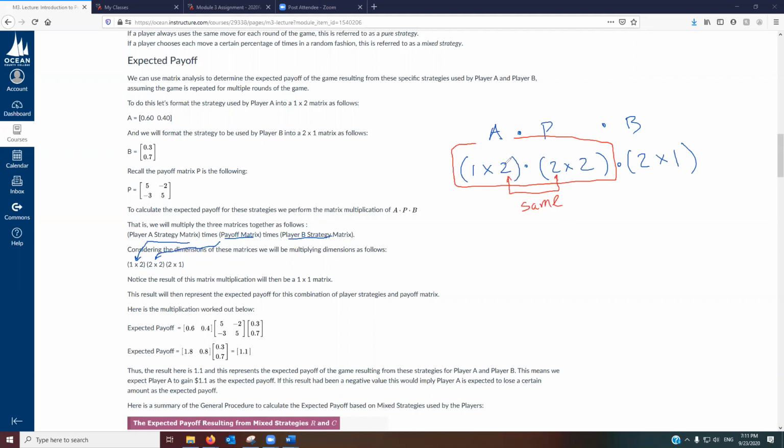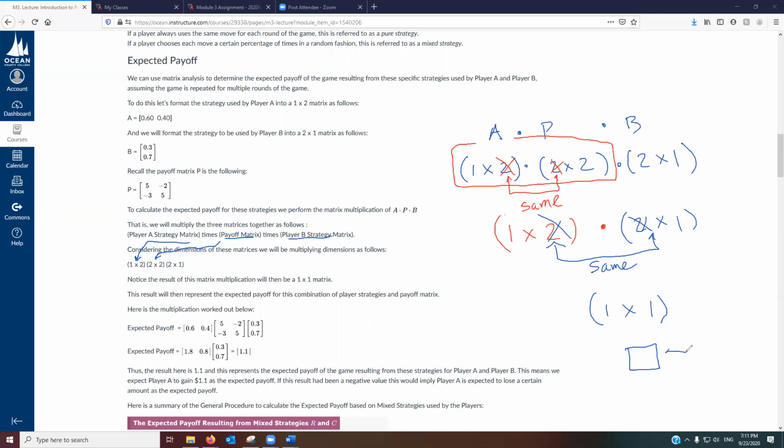What is the result when we do this multiplication? I'm going to cross this out and this out. So the result here is going to be a 1x2 matrix. Then I'm going to multiply that by matrix B, which is a 2x1. Can I do that multiplication? Yes, I can. These numbers are the same. And when I do that, you can see that my answer is going to be a 1-by-1 matrix. A 1-by-1 matrix is just one cell, one number, basically.